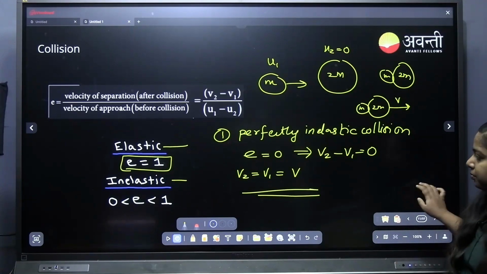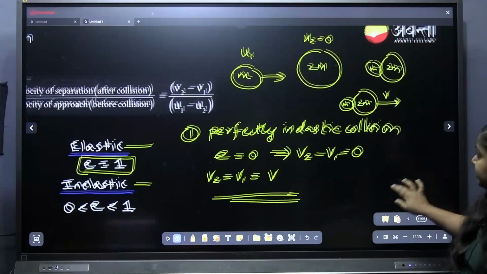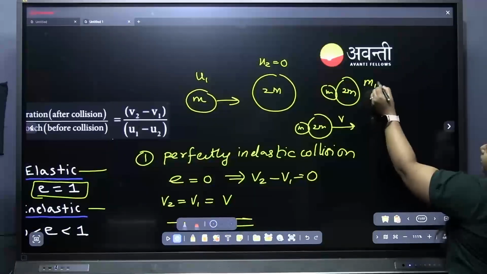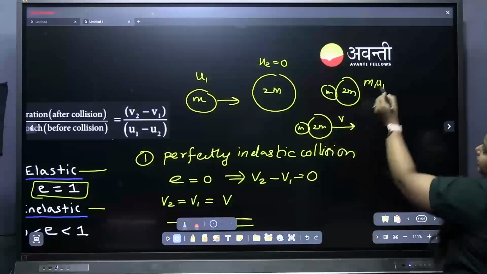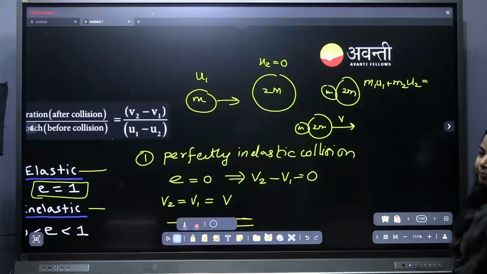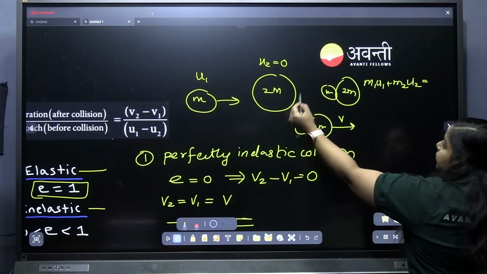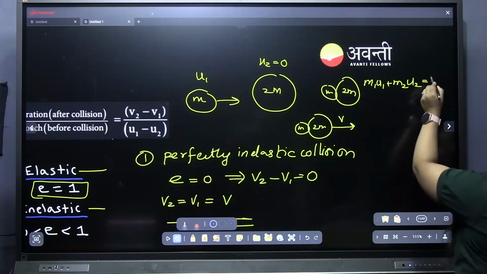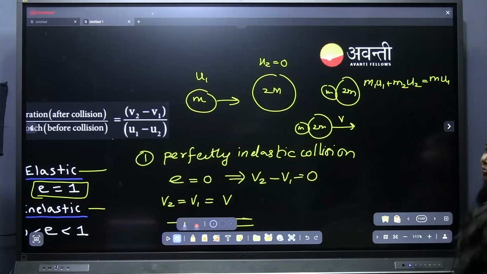Now how to find this? Our momentum equation m1 u1 plus m2 u2, that is our initial momentum. If you see that u2 is 0, this term will become 0, and m1 u1 will become m u1.